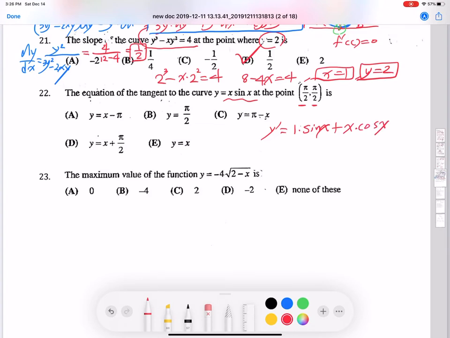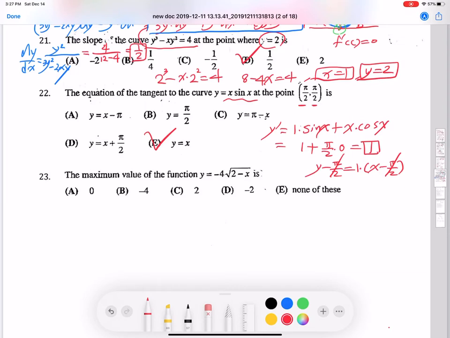Plug in pi over 2 for x. 1 times sine pi over 2, sine 90 degrees, is 1. So 1 times 1 plus pi over 2 times cosine pi over 2, which is 0. So slope is 1. y minus y2 is equal to slope m times x minus x2. So the answer is y equals x. E is the answer. Number 23.